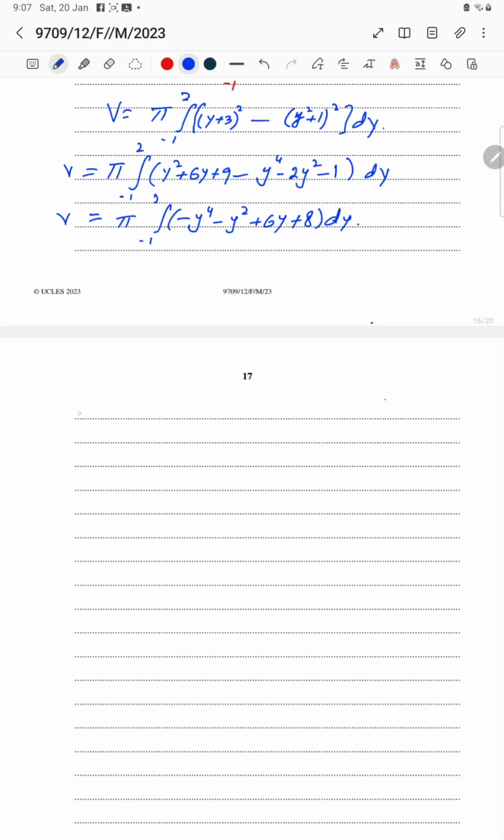Okay, now V equals pi. Now I'm going to integrate it with respect to y, so it will be minus y to the power 5 by 5 minus y cubed by 3 plus 6y squared by 2 plus 8y, from -1 to 2, applying the upper limit minus the lower limit. So first all y will be replaced with the upper limit, that is 2, and minus the lower limit.